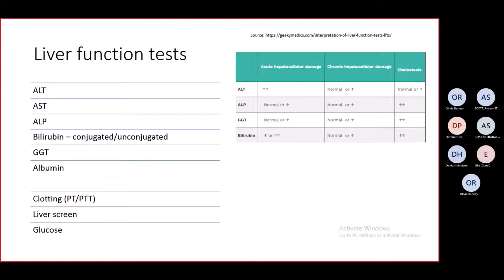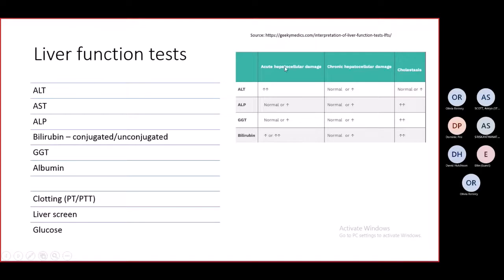So if the problem is acute, so if you've got acute poisoning, your LFTs are going to be off, which is why if you've got acute poisoning, say of your liver, your ALT, your liver test, remember, is going to be really, really raised.